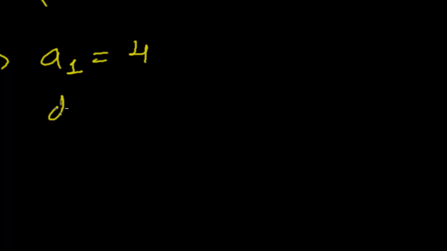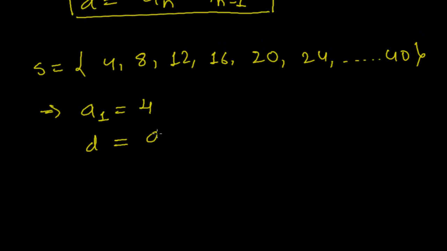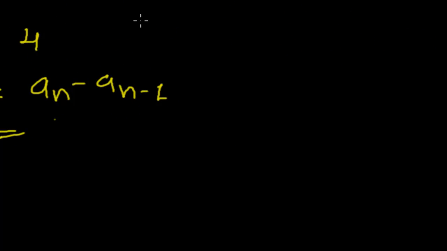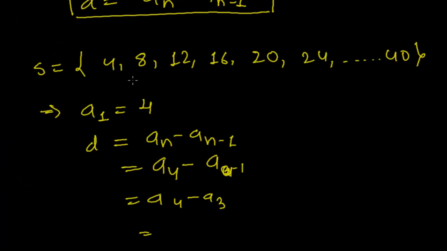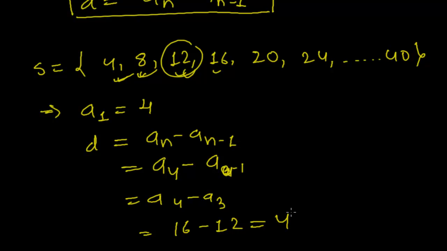And the difference is an minus a n minus 1. Suppose I'm taking a4, so it will be a4 minus a3, that is the fourth term 16 minus the third term 12, that is 4. So the difference of this series is 4.